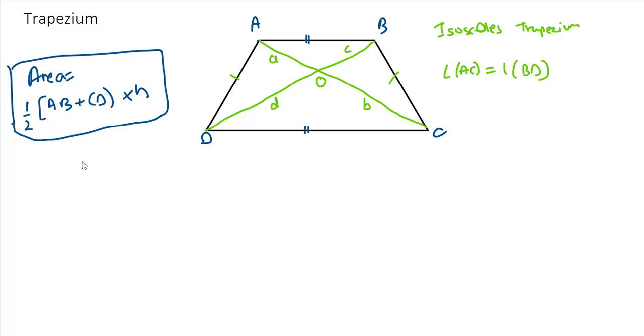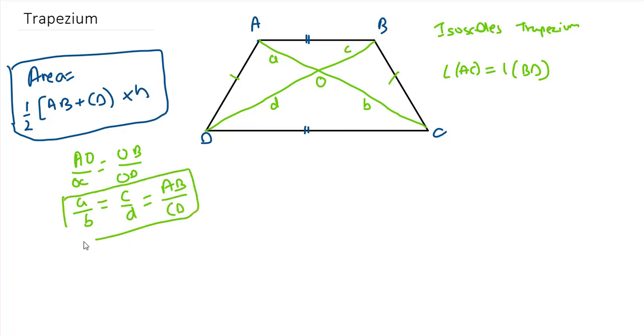Then AO upon OC will be equal to OB upon OD. That is, a by b will be equal to c by d, and this entire thing will be equal to AB upon CD. So in case of a trapezium, this ratio holds true.